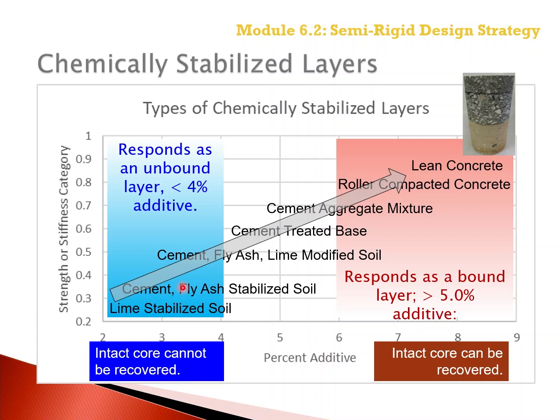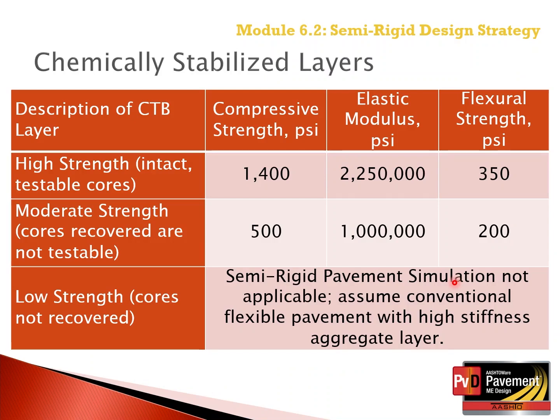So we will move forward within this module basically under this definition where the chemically stabilized layer has flexural strength. In other words, enough additive has been added, so the layer is responding as a bound material with flexural strength.